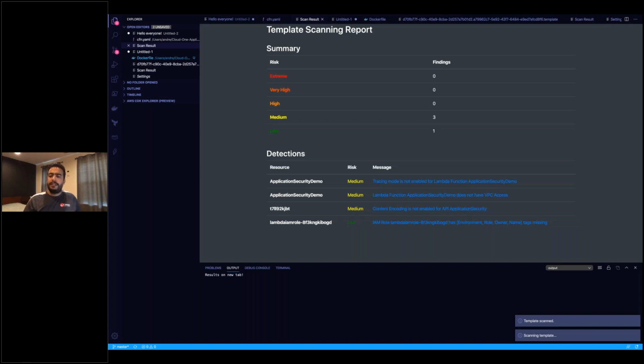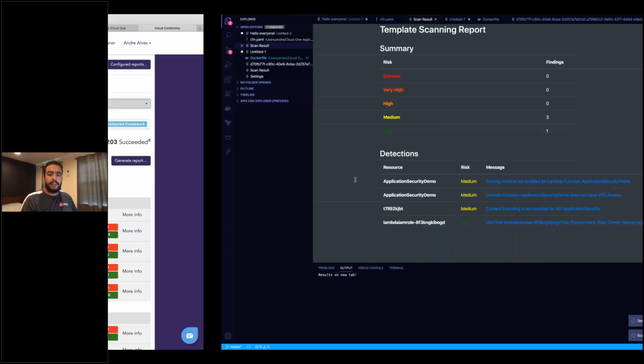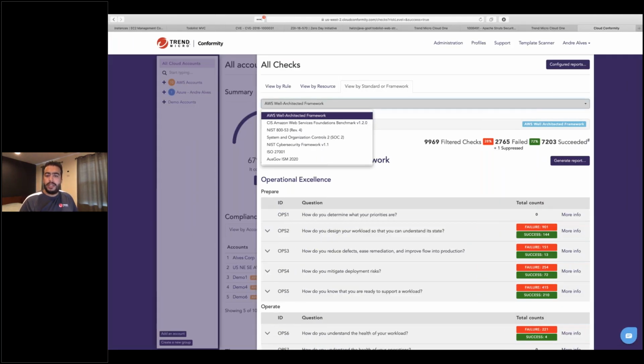This would give the developers the ability of addressing misconfigurations even before deploying the infrastructure, while giving security operations folks the ability of assessing what services are being used currently in runtime.